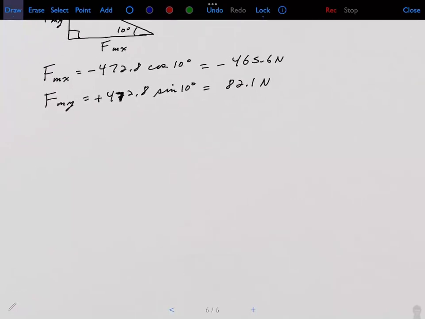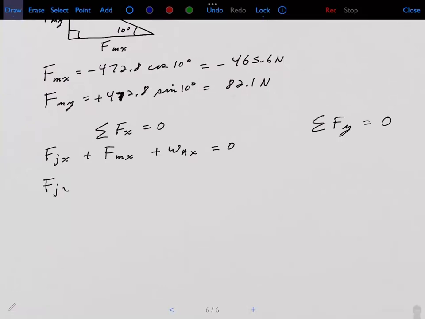So now that I have all the components, I can actually sum the forces. The sum of the forces in the x is equal to 0, and the sum of the forces in the y is equal to 0. In the x direction, I have the x component of the joint force plus the x component of the muscle force plus the x component of the weight of the arm. That's got to equal 0. So the x component of the joint force, that's what we're looking for, is just Fjx.